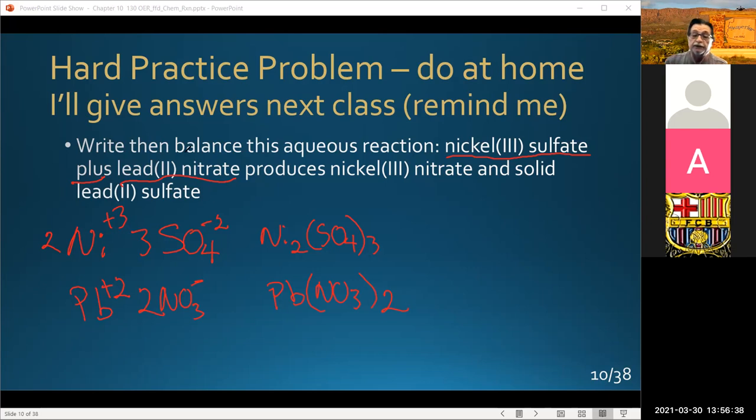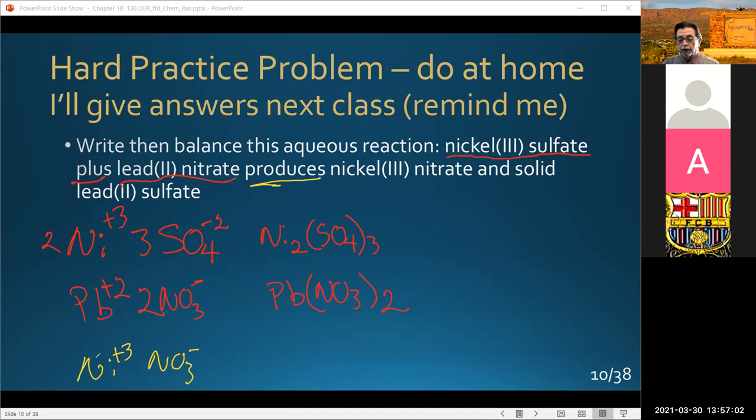All right. So let me change the color here so we can keep things separated. And then produces is the arrow. And so here it says nickel 3 nitrates. Okay. Again, break it down. Nickel 3 nitrate, which is NO3-.